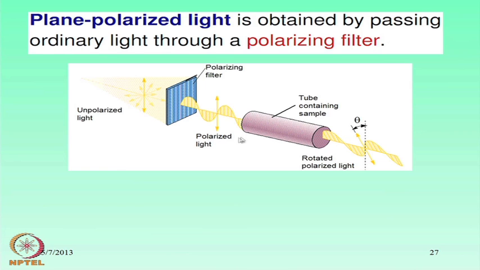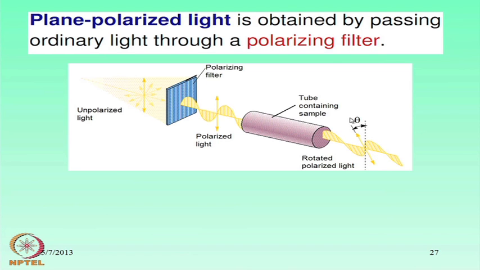And when this polarized light is passed through the sample, that means the optically active sample kept inside this tube, then when the light comes out, there is an analyzer that monitors how much movement has taken place relative to the light entering the solution.